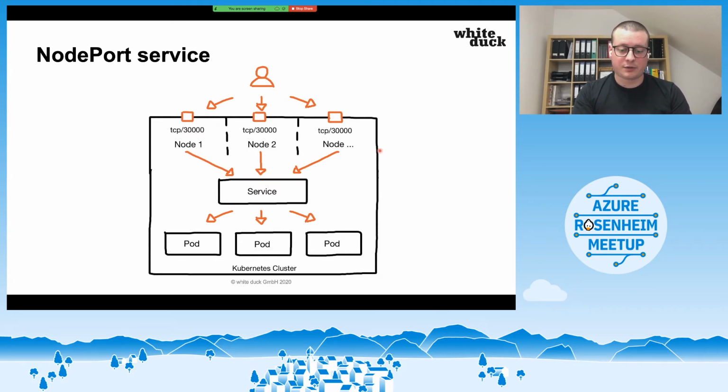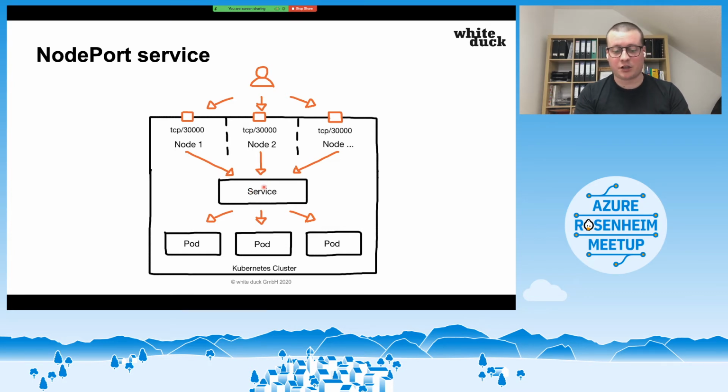So let's say we have 3 different nodes in this example, and on every node, a port, normally a high port because of security reasons, gets opened. And if traffic or a request gets sent to this high port, the Kubernetes cluster routes this traffic to the internal cluster IP service we talked about some minutes ago.